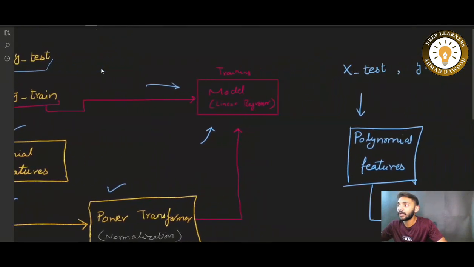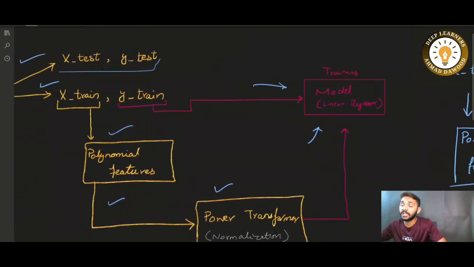After the training part, if I have to see the error on training data points, I can feed this x train that I have converted into polynomial and after the power transformer as input to that trained model, and it will give me some predictions. I can compare these predictions with my true values, which are actually y train, and I can get the error on the training data points. Or I can calculate the model's score according to training data points.